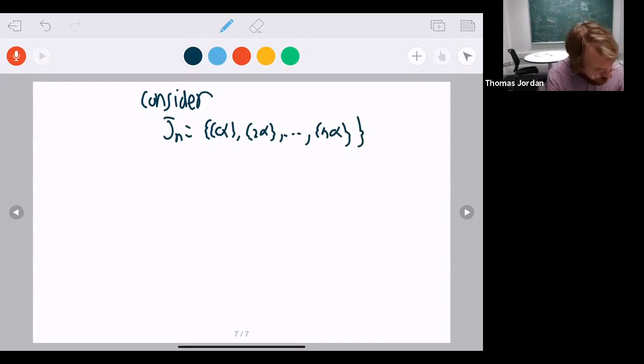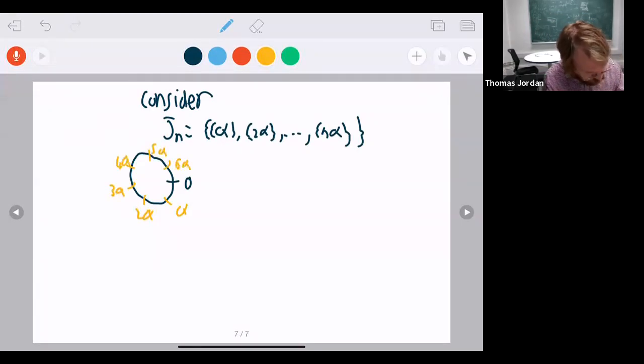Now, if we look at where they are on the circle, so we're going round with alpha, 2 alpha, 3 alpha, 4 alpha, and let's say here alpha is something between 1/7 and 1/6, so 7 alpha is back beyond 0.